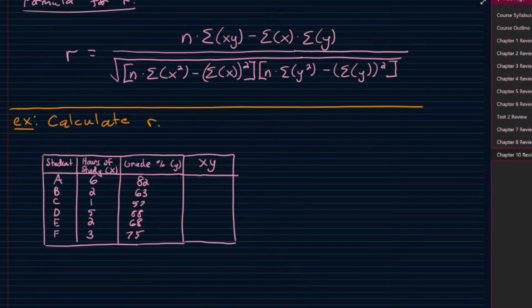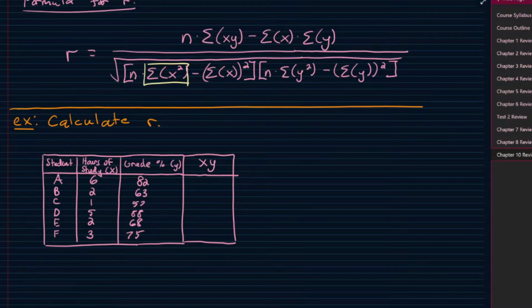We've already got a column for the sum of all the X's. That's just going to be down here. We've already got a column for the sum of all Y's. That's just going to be right here. So I guess that's actually all the columns we need, isn't it? Well, we also should put in x squared because of this one right here, and a column for y squared as well because of this one right here.